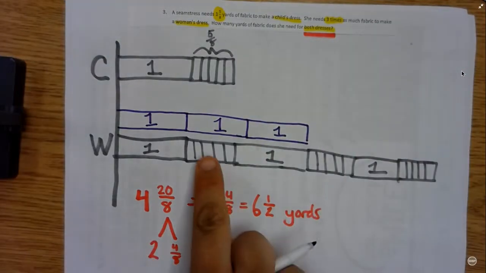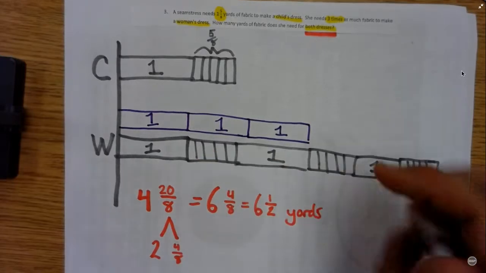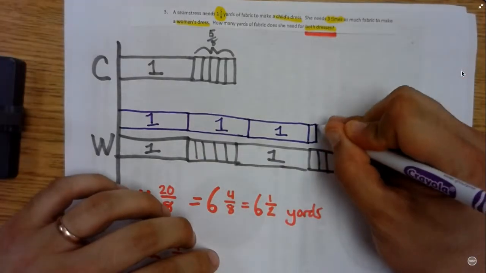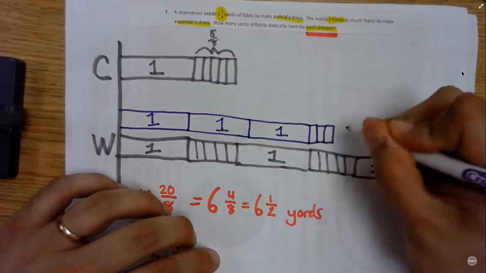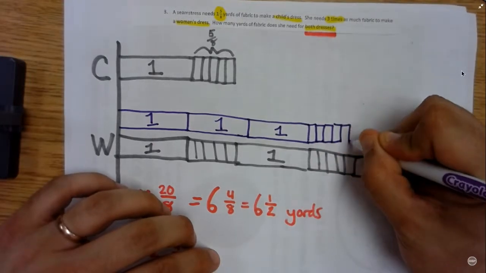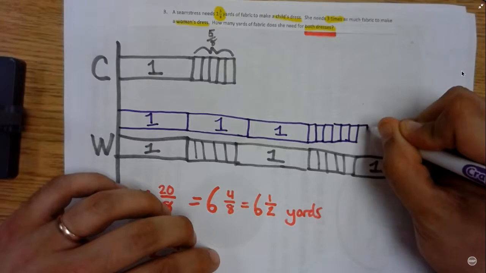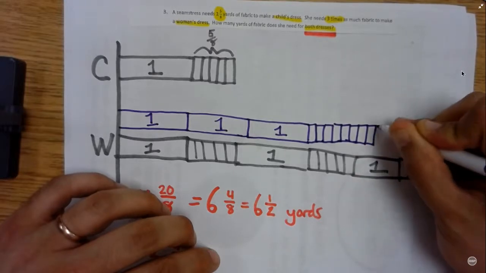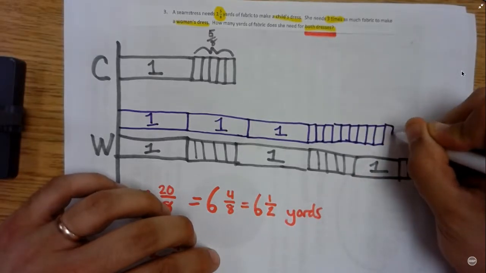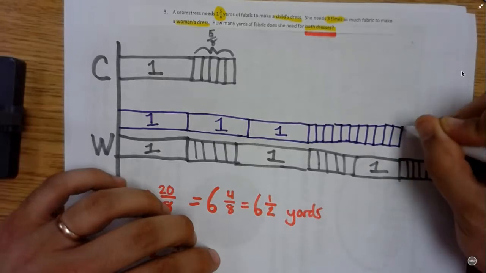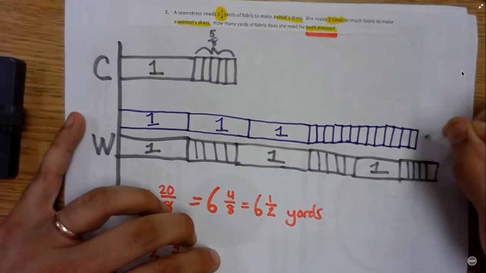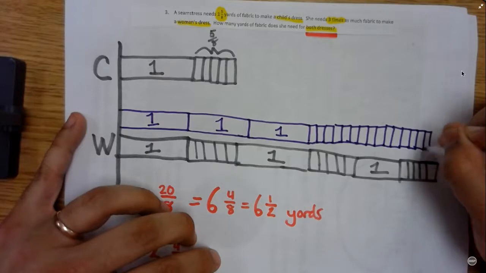And then I can take 5, 10, 15. 1, 2, 3, 4, 5, 6, 7, 8, 9, 10, 11. We're getting there. 12, 13, 14, 15.